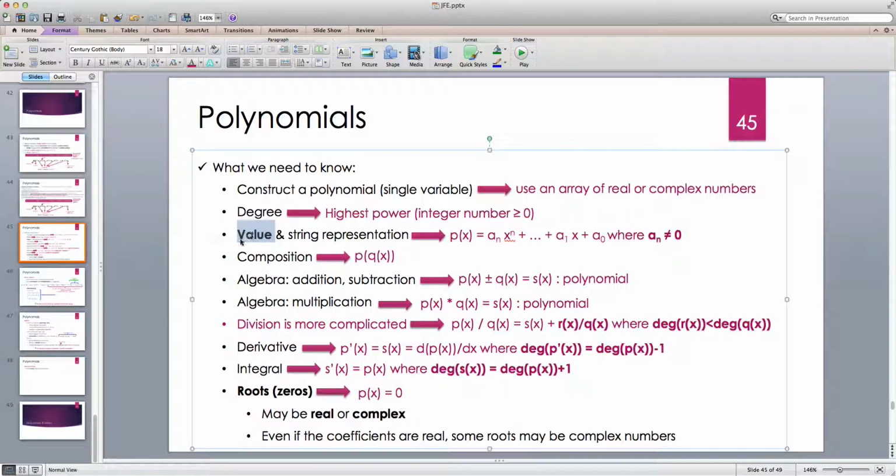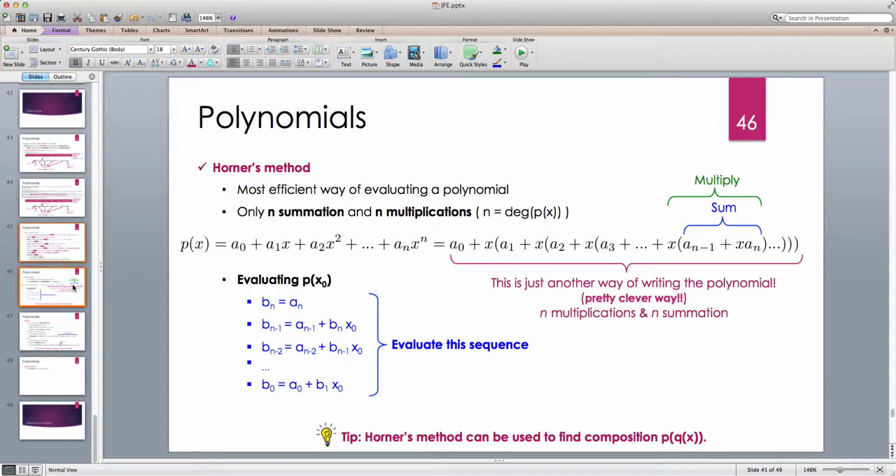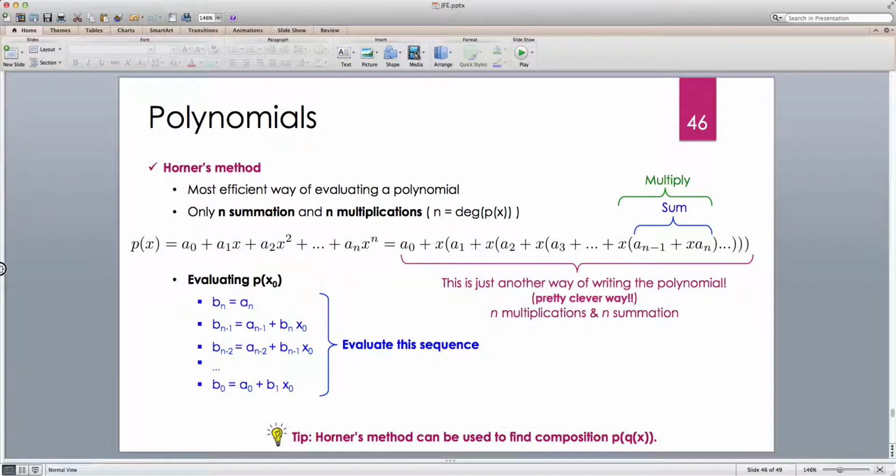And now we are going to continue with the evaluation of the polynomial at a given point. If you look at the polynomial in its traditional or conventional form, it's a0 plus a1x plus a2x squared all the way to anx to the power of n.